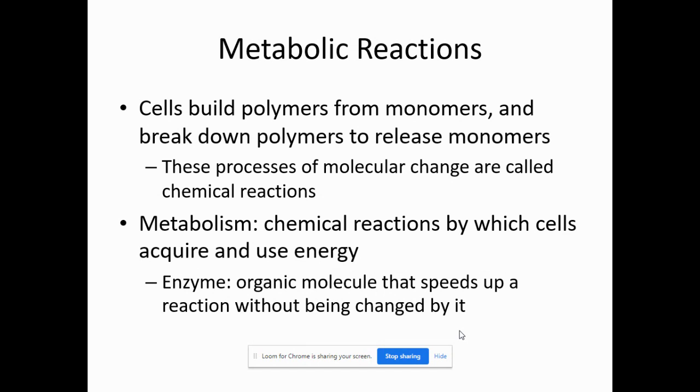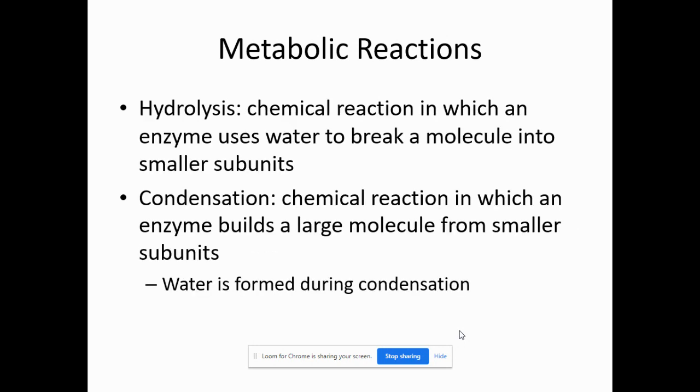A lot of these metabolic reactions won't occur as quickly without the presence of enzymes, and we'll talk about enzymes in a couple of chapters. When we're talking about these metabolic reactions, we'll see hydrolysis reactions and condensation reactions, and so again, there's the definition of hydrolysis and condensation reactions.